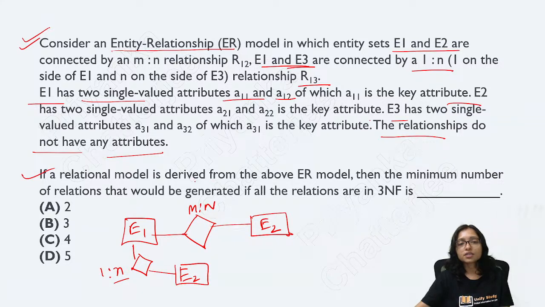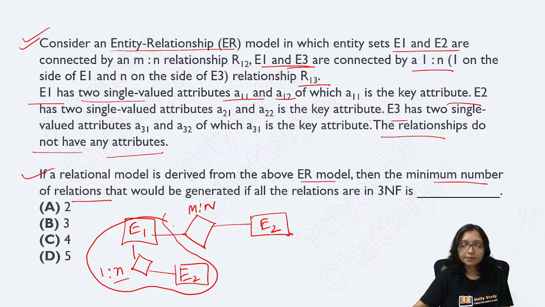If the relational model is derived from the ER diagram, then the minimum number of relations required. What will be the minimum number of relations? From here, as this is 1 to many, I can combine them as a relation. So from here 2 relations are required, and from here it is already common. From here how many relations?